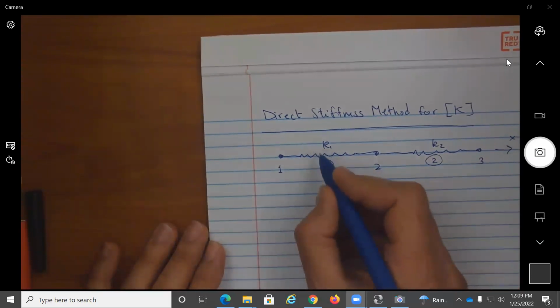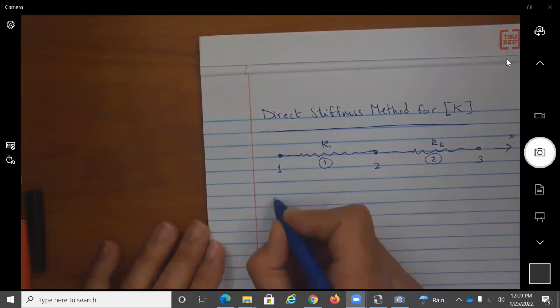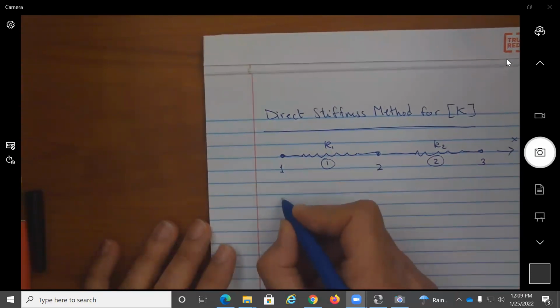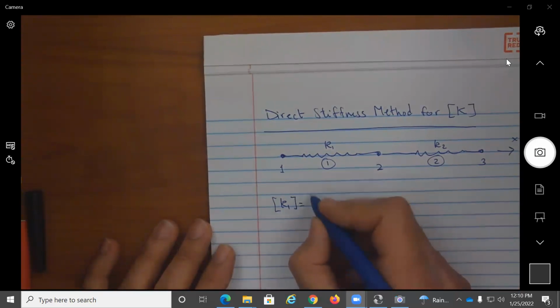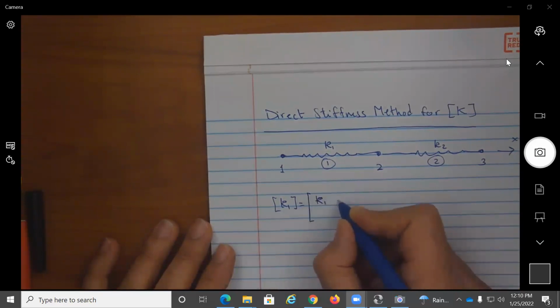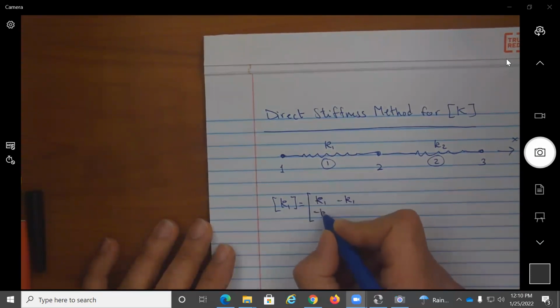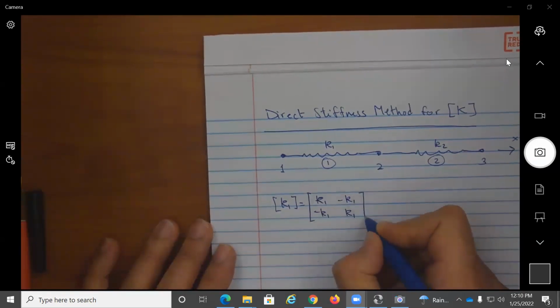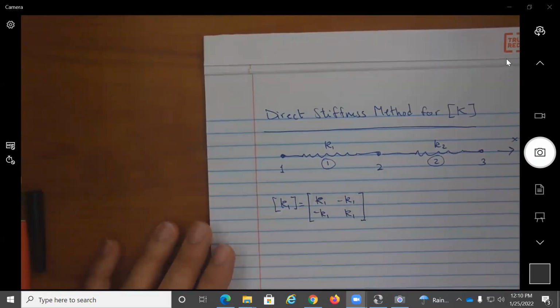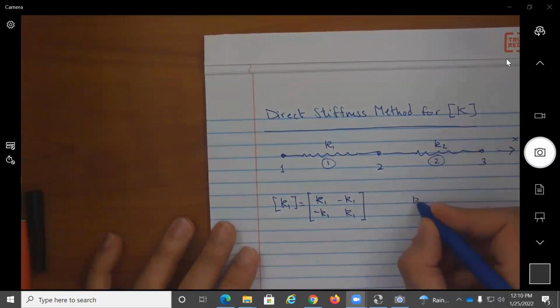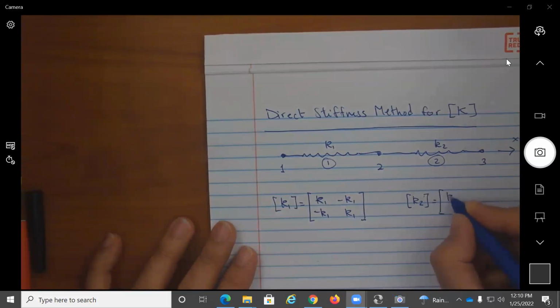And now we know that for element 1, I can express my stiffness matrix K1 as equal to K1, minus K1, minus K1 and K1. And for element 2, K2 is equal to K2, minus K2, minus K2 and K2.